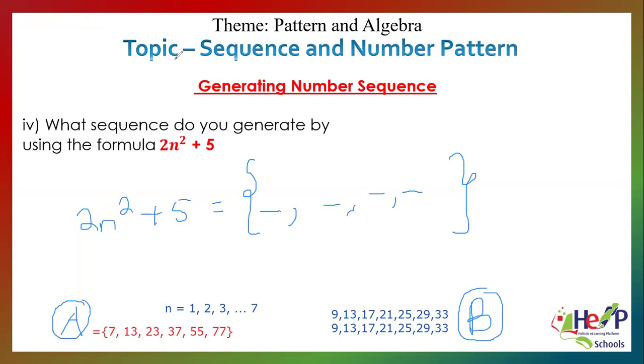Okay. Let's put down our hands and get people to explain this. I'm going to start with people who have got their answer as part A. If you've got your answer as part A, put up your hand and tell us how you got the first as 7, the next as 13.